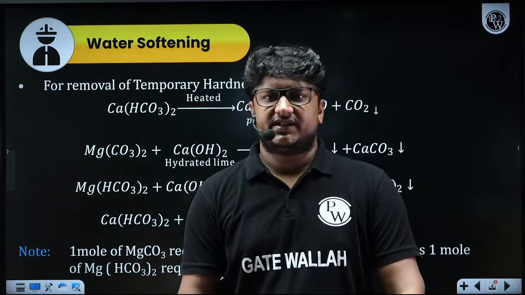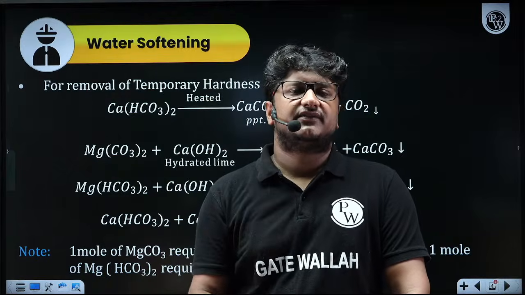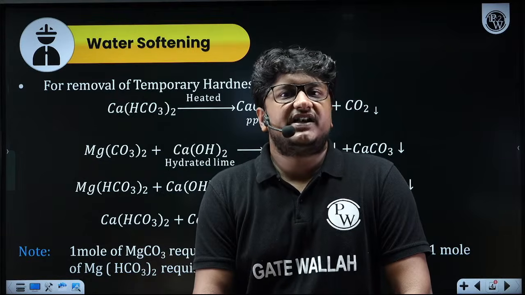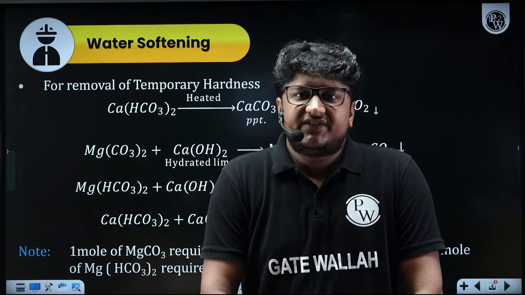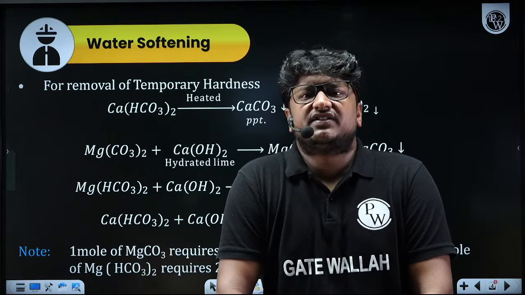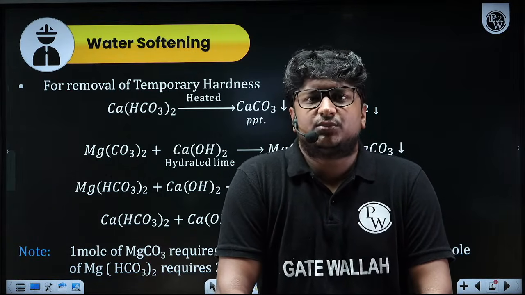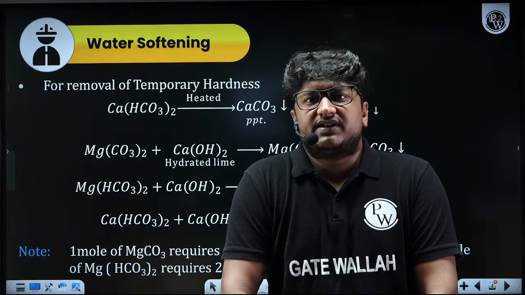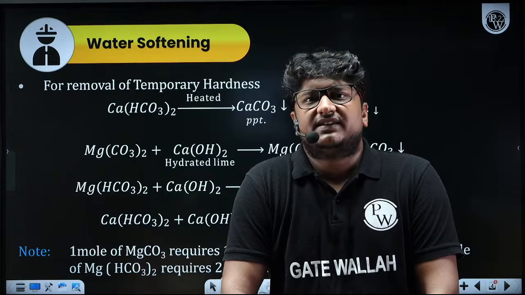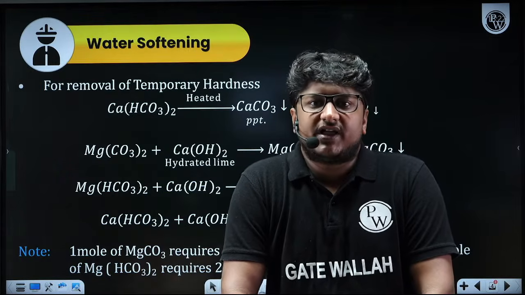The first thing is about the hardness itself. Hardness occurs due to multivalent cations, which have the capacity to produce hardness. Either they will react with carbonates or bicarbonates. If they react with carbonates, in that case it will form carbonate hardness, which is what you call temporary hardness.